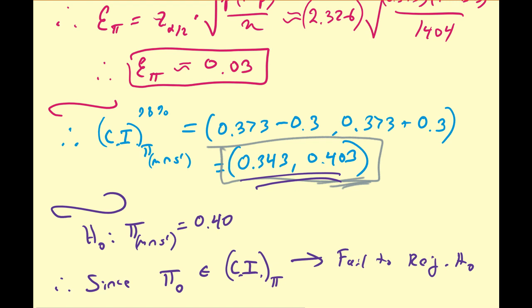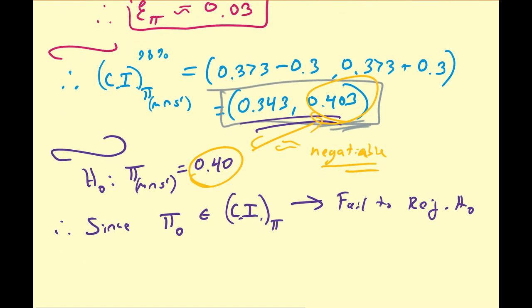Now, of course, you may be very observant here. 0.4 and 0.403 are very approximately equal. So you may, in the back of your mind, say, okay, well, this is negotiable, right? Recall that the confidence interval is based on a sample.